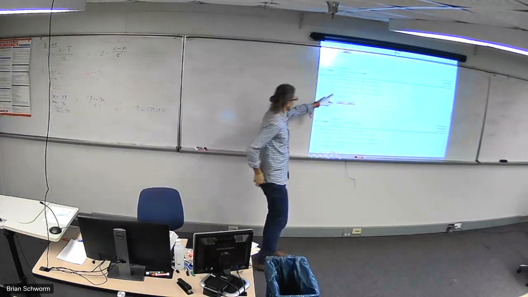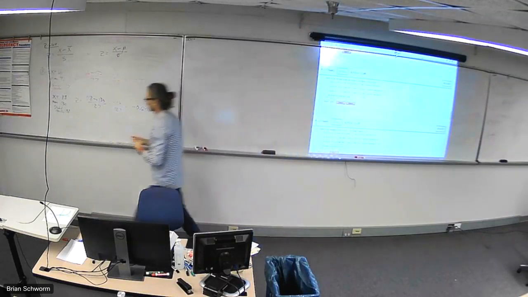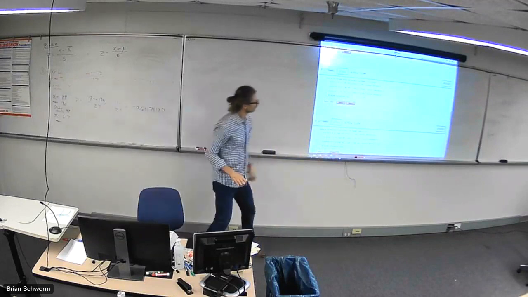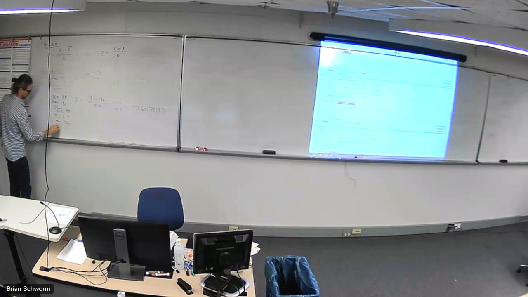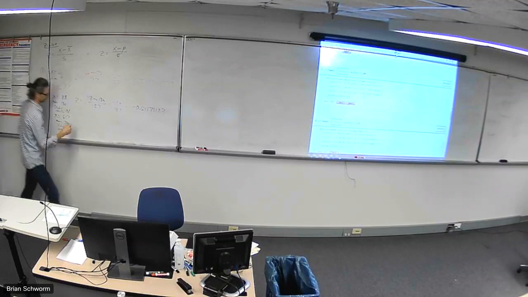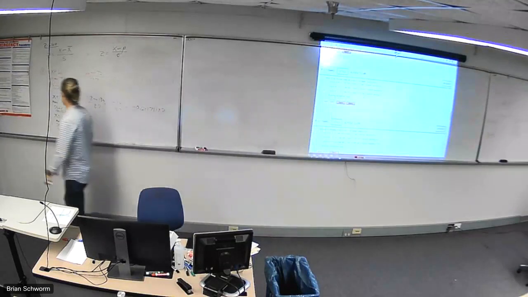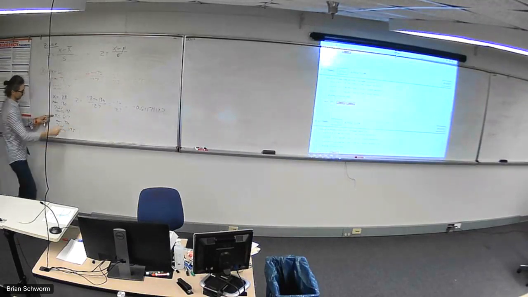Third situation, score of 617 with a mean of 720 and a standard deviation of 117.5. Third time here, just different numbers.